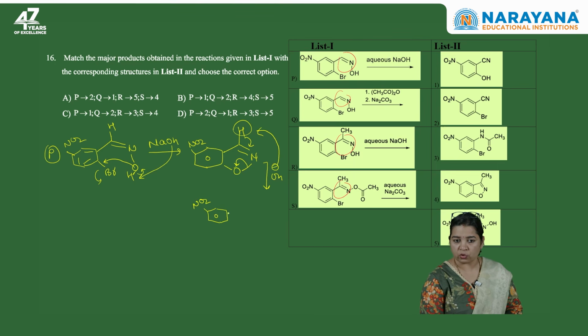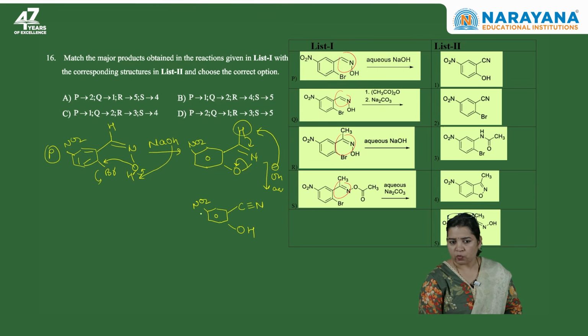So NO2, this H is gone, so this is becoming C triple bond N. This bond is being broken, so I'll say O minus. But as the conditions are aqueous, I'll write OH.